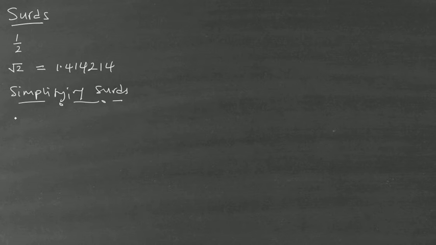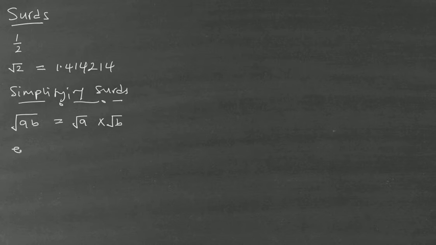What we need to notice is, if you have a root of a product, a times b, then we expand it as the square root of a times the square root of b. So in simplifying surds, we express the number under the root as a product of two numbers, and one of those numbers should have a perfect square root.